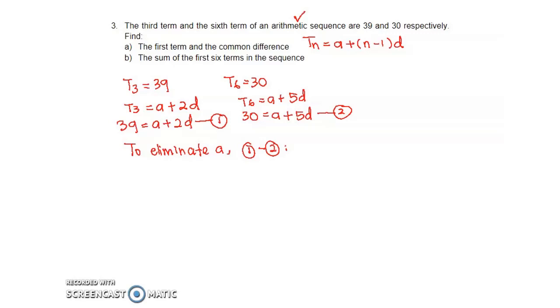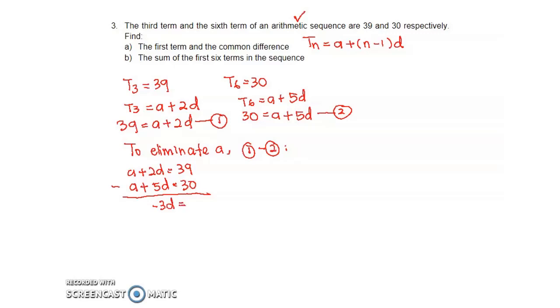What is equation 1? A plus 2D equal to 39, minus equation 2, A plus 5D equal to 30. Solve this: A minus A equals 0, so there is no more A. A is eliminated. So 2D minus 5D is negative 3D.